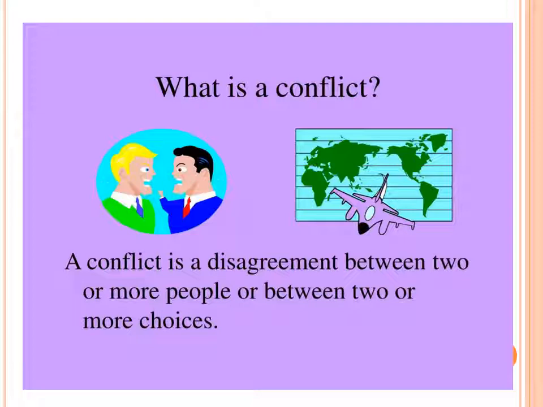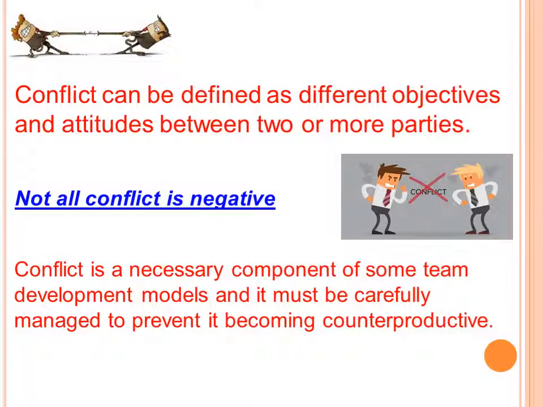Let's go. First, let's understand what is a conflict. It is a disagreement between two or more people or between two or more choices. The key word here is disagreement between two. Let's understand the concept better.